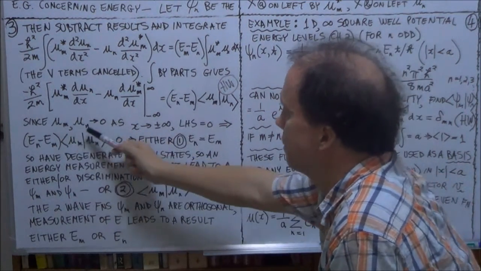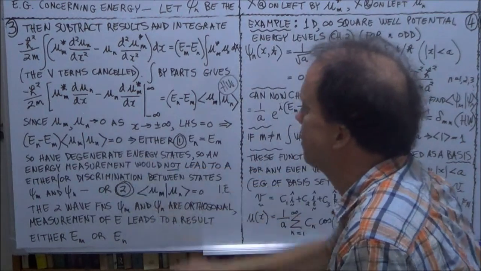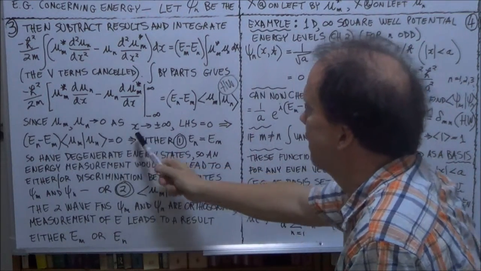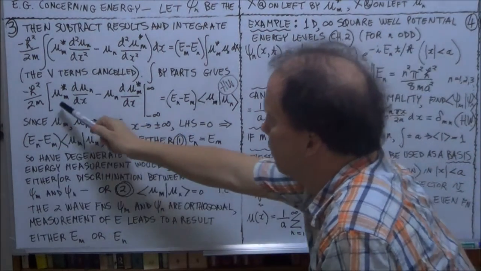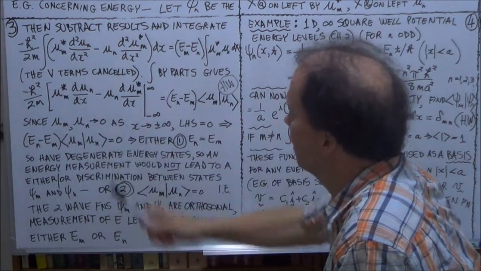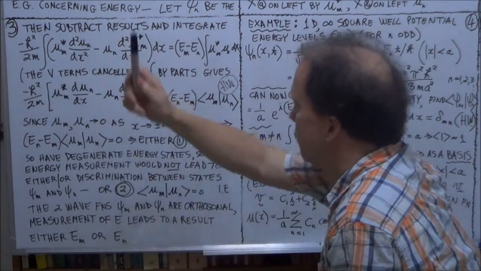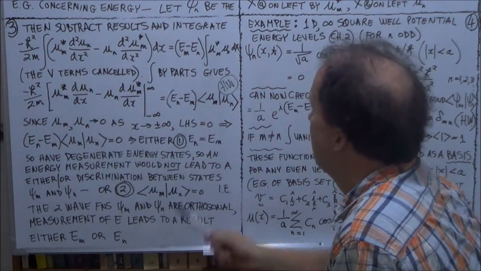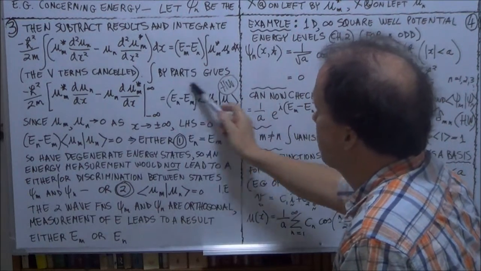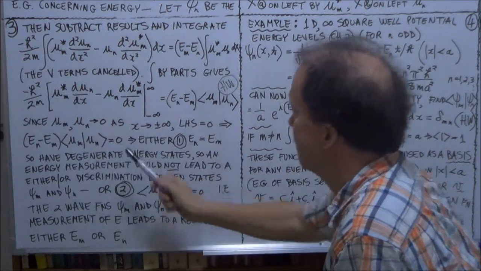That seems a reasonable assumption. So assume they go to nothing as x goes to plus and minus infinity. Well, so that's going to nothing, and this is going to nothing. So assume the left-hand side here just goes to 0. All right. So that means that this right-hand side is equal to 0.